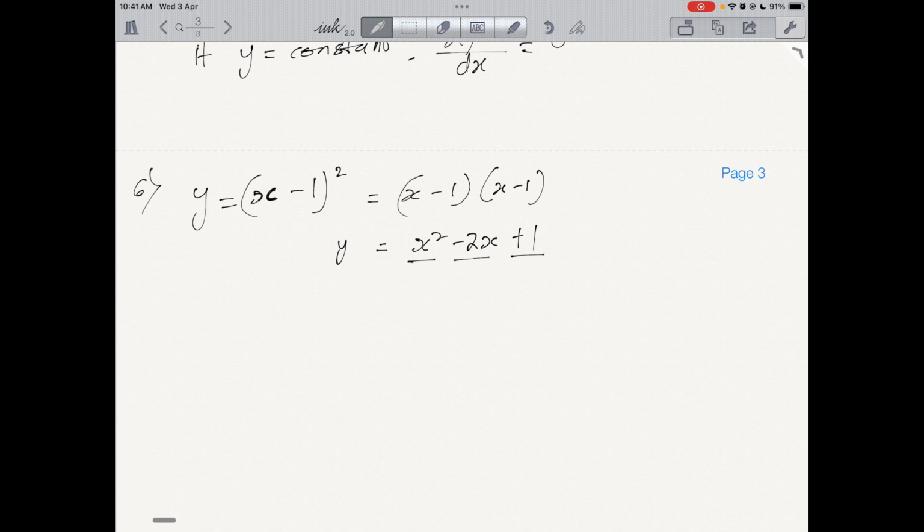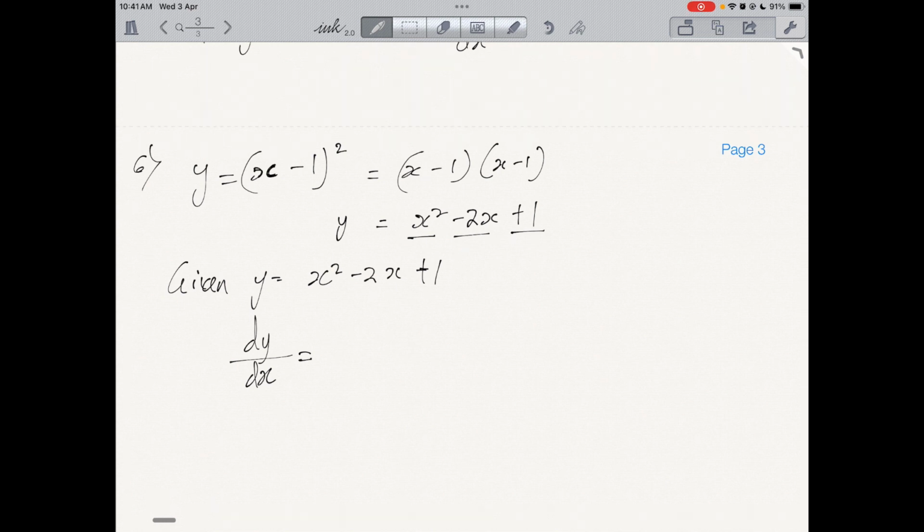So let's begin. Given y equal to x squared minus 2x plus 1, dy/dx is equal to, now if you differentiate x squared, we assume this is 1 multiplied by x squared, so 1 is a and 2 is n.